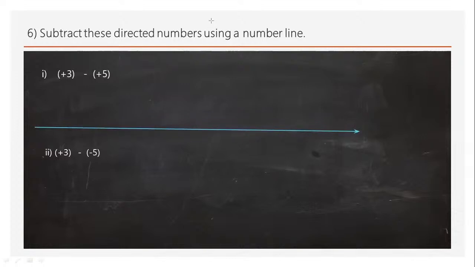When we mark the values on the number line, it is easy. We can write plus 3. Instead of minus, you can write positive and write the additive inverse here, negative 5. Then you can mark it on the number line, right?